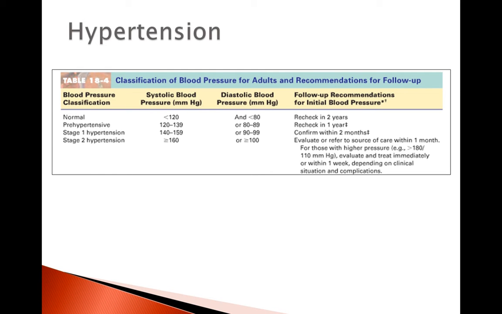Keeping in mind a single blood pressure reading does not diagnose hypertension. There can be a number of issues going on at the particular moment in time, and so it has to be checked over time to determine if in fact the hypertension is occurring. So if you see somebody who's got a blood pressure of 160 over 110, 170 over 110, you don't say, well, come back in a year and we'll see where you're at.